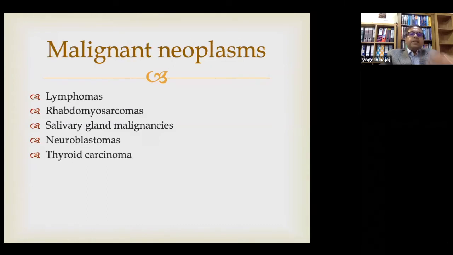Again, extremely rare malignant conditions, be aware, make a diagnosis, and they will need to be referred to an oncology center, MDTs, and the treatment. And that's all. I think we're getting towards the end of it.